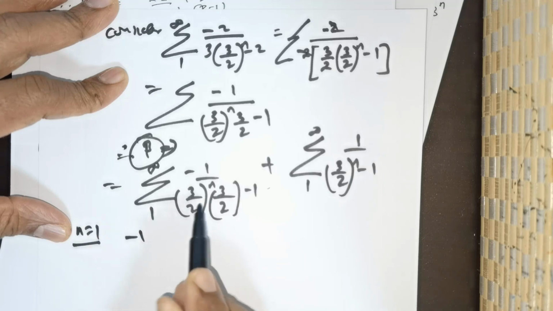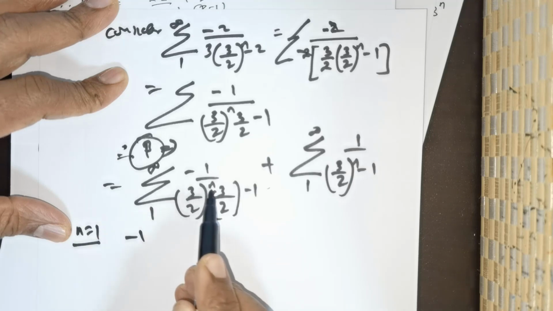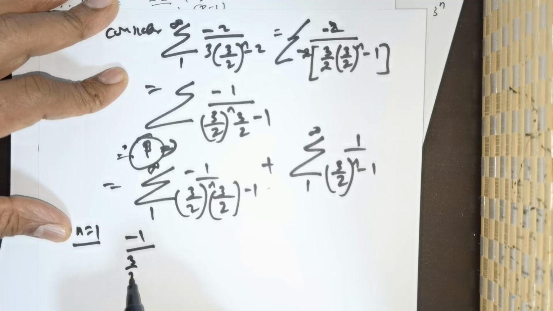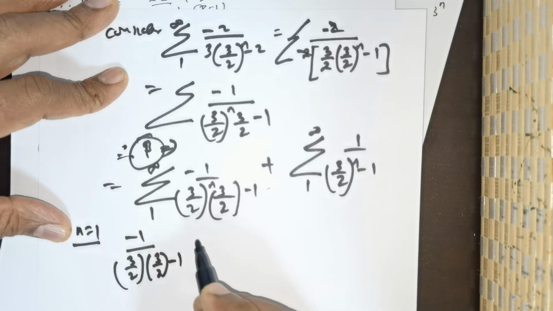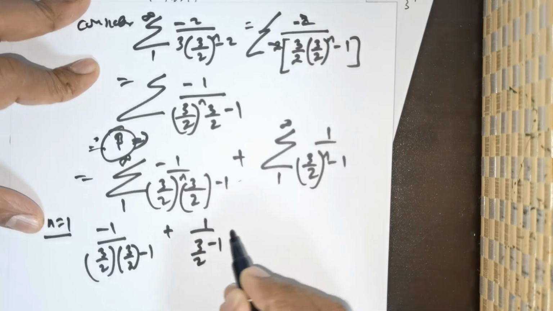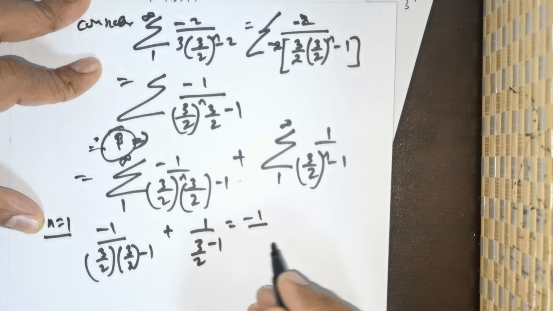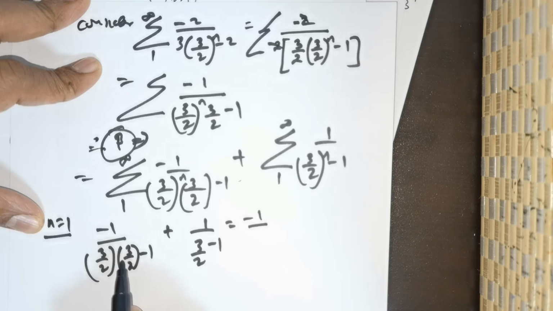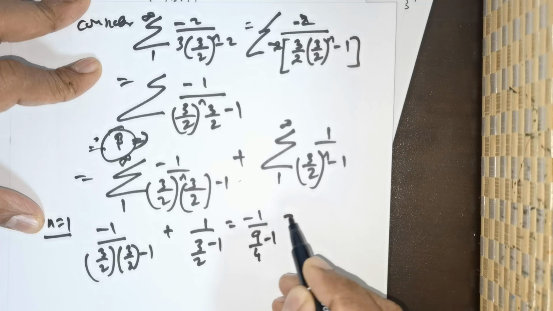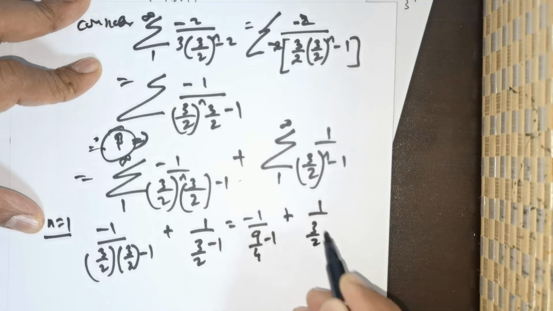What happens when n is equal to 1? You get negative 1 over 3 over 2 times 3 over 2 minus 1, plus 1 over 3 over 2 minus 1. Now this is equal to negative 1 over, this is 3 over 2 times 3 over 2, that's 9 over 4, 9 over 4 minus 1, plus 1 over 3 over 2 minus 1.